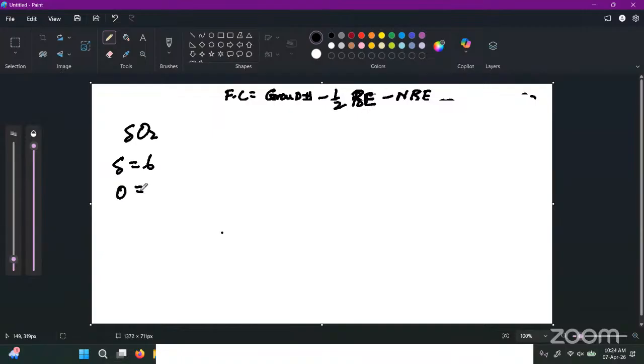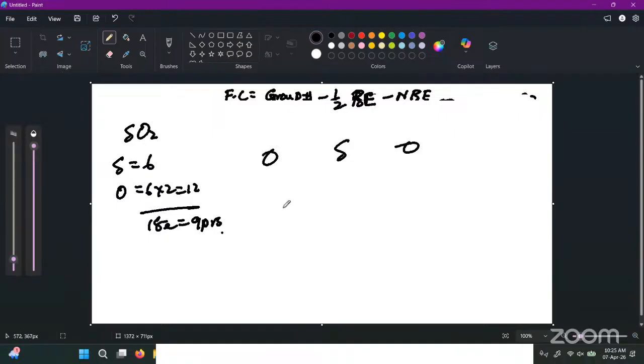And oxygen will contribute how many? 12, 6 times 2. All right? So that's 18 electrons, which will equal 9 pairs. What's the next step? The one with least electronegativity. Okay, which one would be in the middle? S. Yes, it will be in the middle, and then we surround it with oxygens.